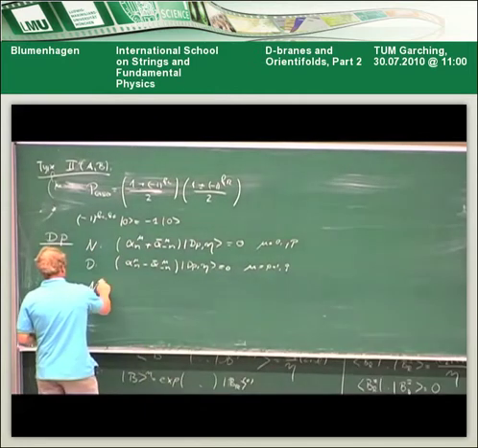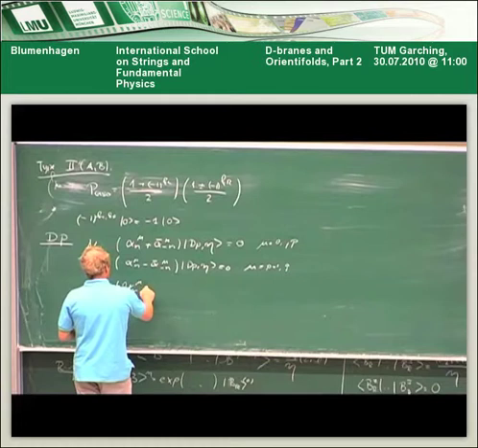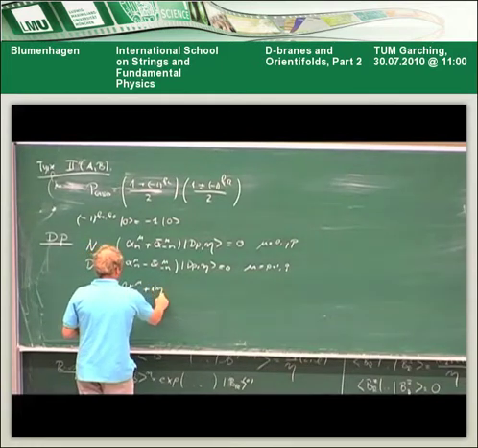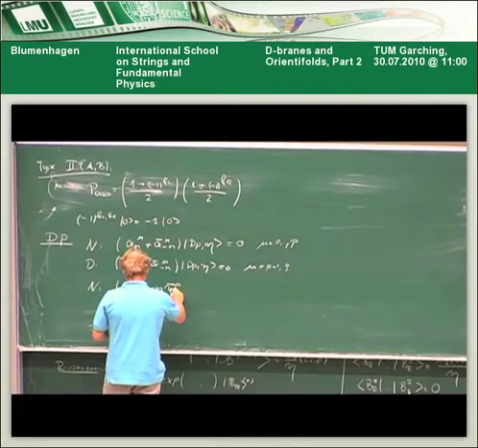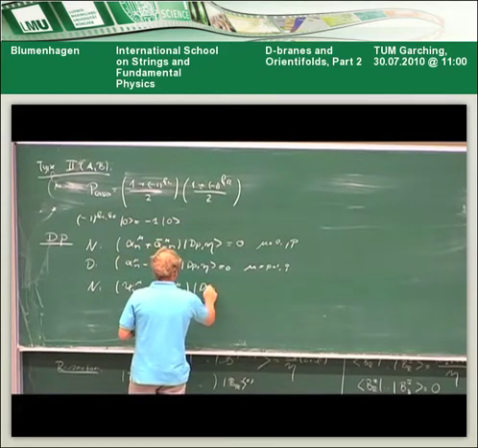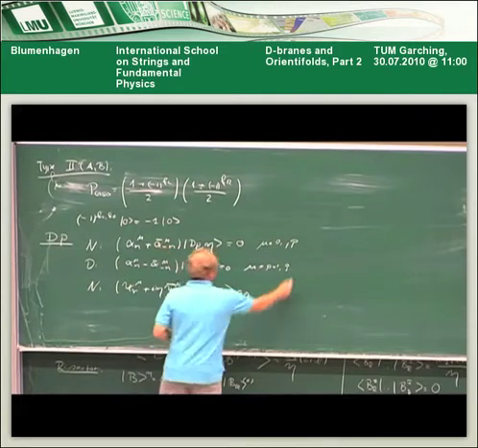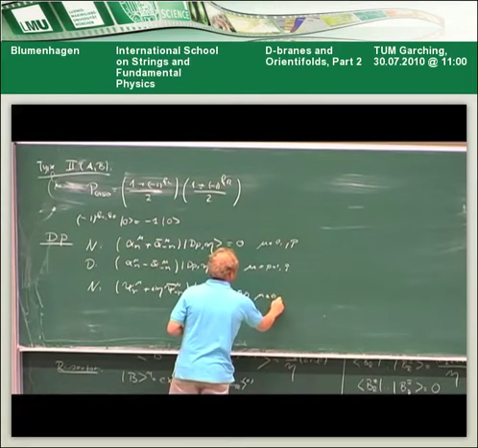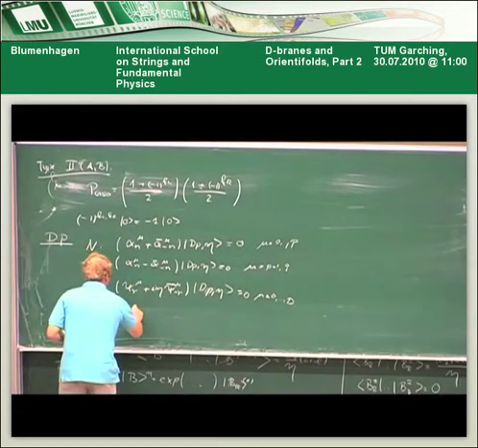And for the fermions, similarly, we get here plus i eta psi bar minus r, and Dirichlet in the other ones.